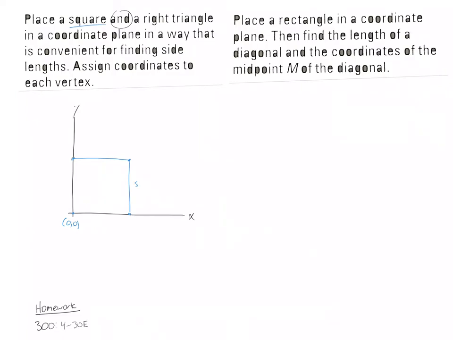So each side is side length of S. So as I come up to this point up here at the top left, my x-coordinate is still 0, but I have moved up the length of S. So my y-coordinate is now S. Likewise, on the bottom right, my y-coordinate is still 0, but now I've moved to the right S in length, because it's a square and each side length is S. Now that kind of helped us get our top right coordinate.